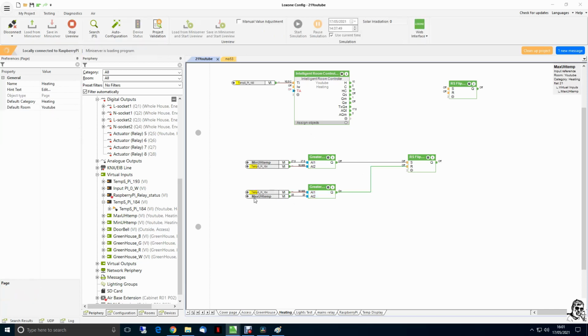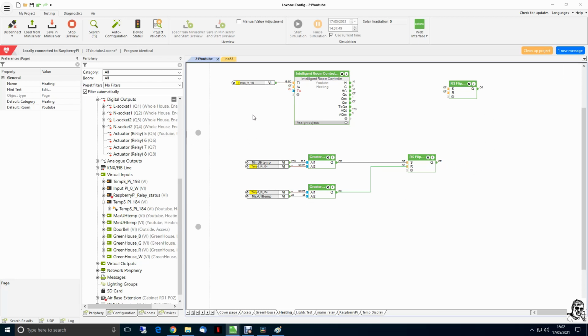In this situation the maximum temperature is lower than the temperature read by the sensor, which means we reset the flip-flop, and then the output is 0. In this situation the output to the relay heater controller should be 0.